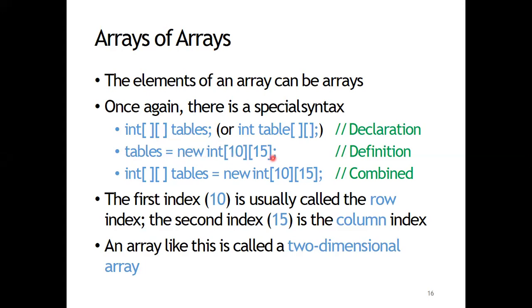Now you have to know what these two sets of box brackets mean. Here in two dimensional arrays, or multi-dimensional arrays, you have a table. Have you seen a table?